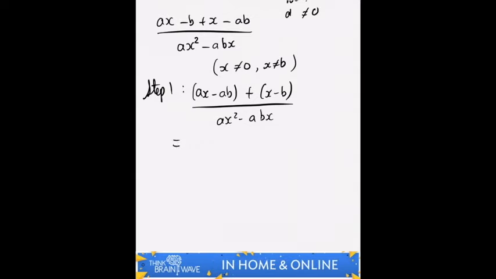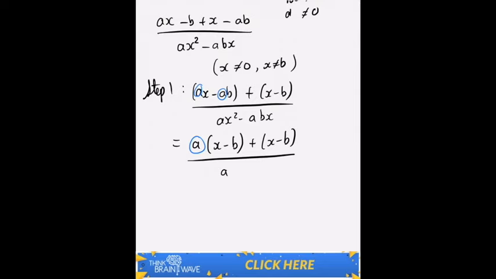This then equals a, because you're pulling out this a from here. You then say it is x minus b plus x minus b, all of that over ax. Why would you say that? Because ax comes here and ax isn't there. So then you'd say x minus b.